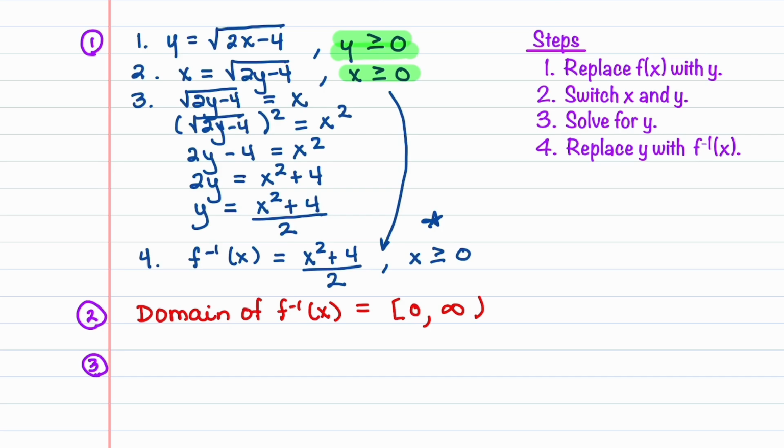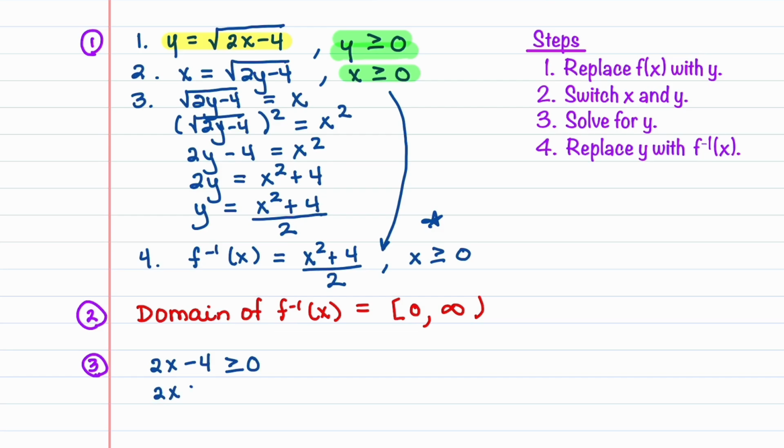Let me highlight in yellow here what our original function is. That function has a square root, and we can only take the square root of a number that is greater than or equal to 0. So that's going to be our restriction. We're going to have to require that 2x minus 4, which is inside our square root, has to be greater than or equal to 0. Now let's solve for x.